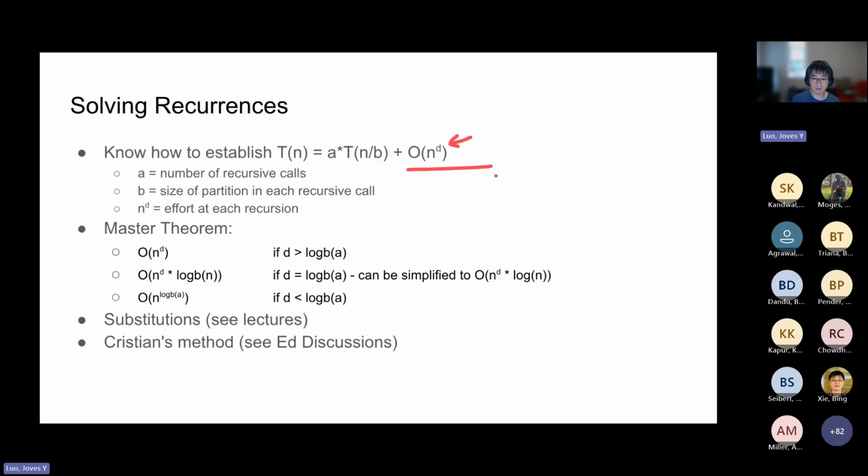If something takes a certain amount of time to do, and this term gets dominated by it, we know that this term is going to be what ends up mattering. Likewise, if this term dominates this term, then this is where all the stuff is happening. How many subproblems I have determines how much work, mostly because this is all O of 1. If this ends up being O of 1, you end up entirely dominated by how many subproblems and recurrences you end up creating, and that's your runtime.